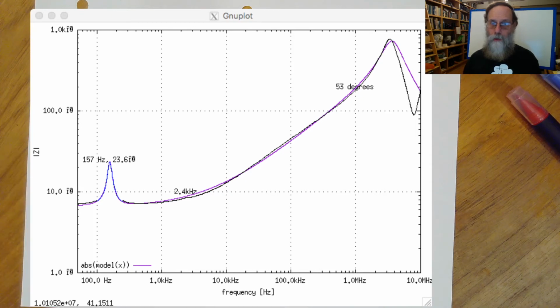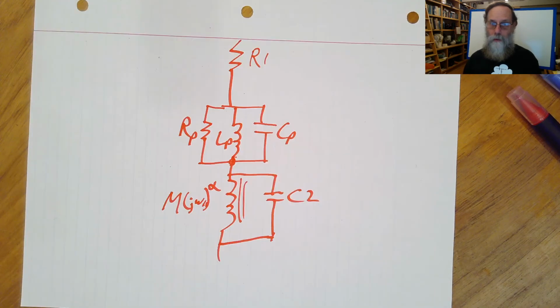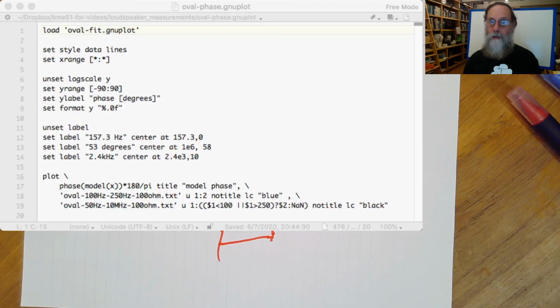So let's hide those things, and we can do a phase plot by doing the same fitting with overfit GNU plot, but now our Y range is just going to be from -90 to 90 to get the phase in degrees, and what we're going to plot is the phase of the model. Now that usually comes out in radians, so I have to multiply by 180 over pi, and it's column 2 now rather than column 3 of the data that we're going to plot to match that.